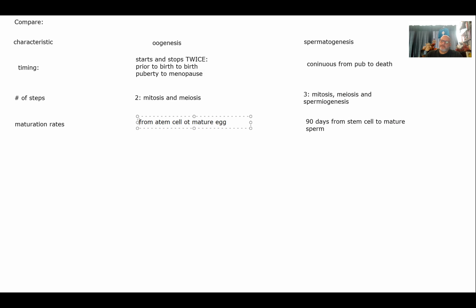How many days? From stem cell or from the birth? From stem cell to mature egg, how long does it take? We want to compare apples to apples. 90 days for stem cell to mature sperm. How long from stem cell to mature egg? Okay, it can vary, but give me one number. What's the fastest it could be?